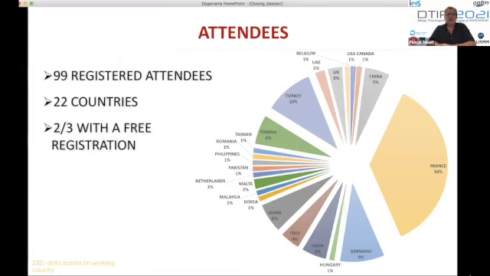Now some figures about attendees. It was a good level of attendance this year. We still have more than 25-30% attending the closing session, so it's a good result. Overall, we have 99 registered attendees from 22 different countries.